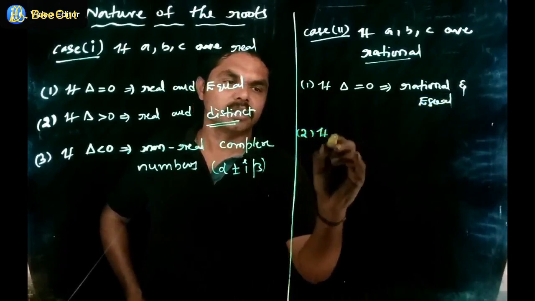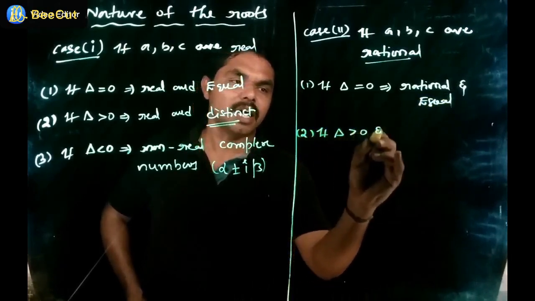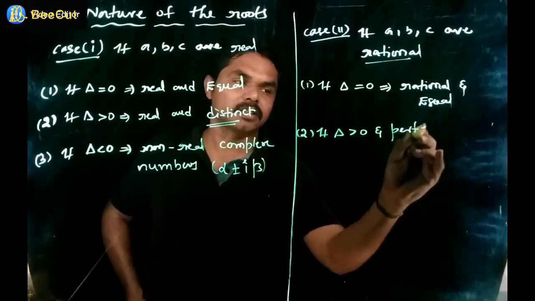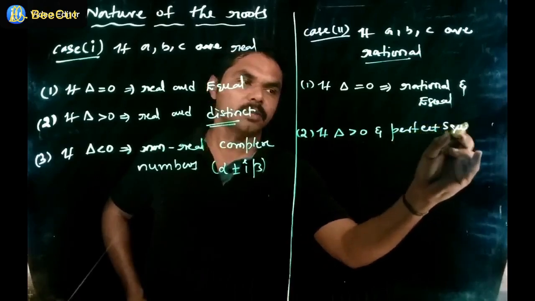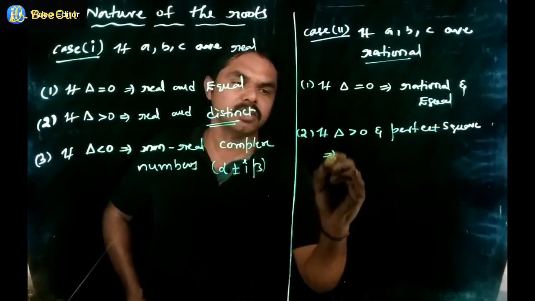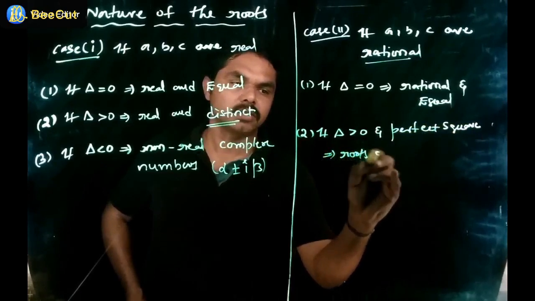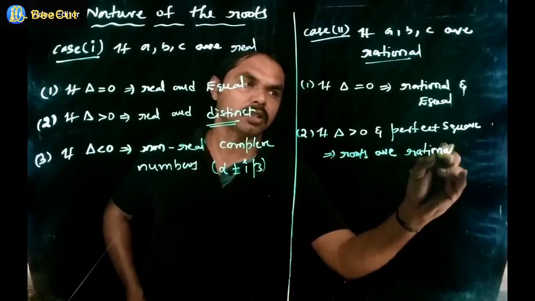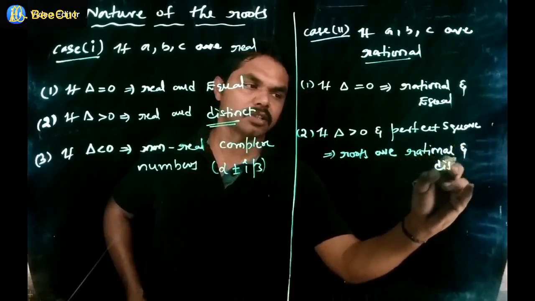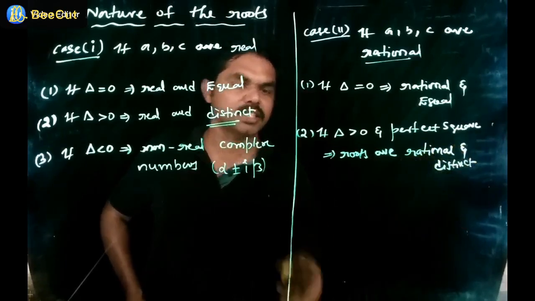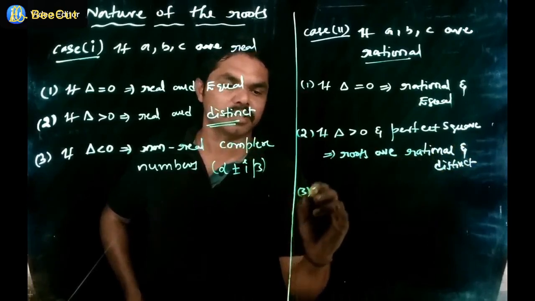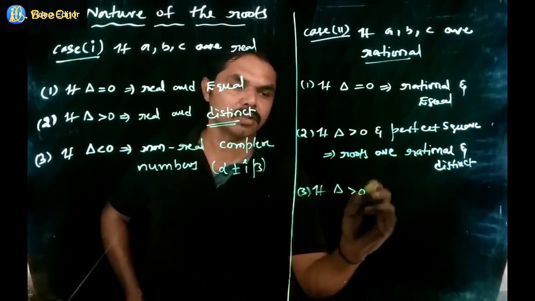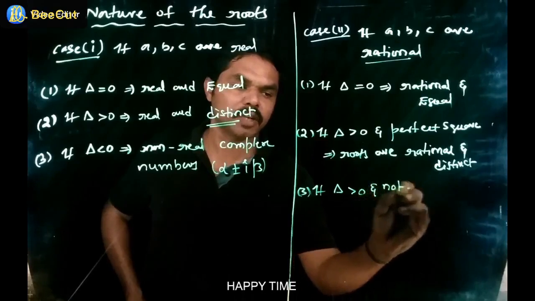Second point, if delta is greater than 0 and a perfect square, that must be a perfect square, then roots are rational and distinct.